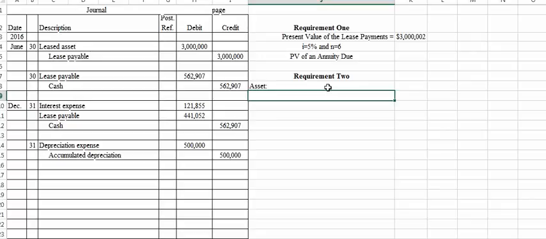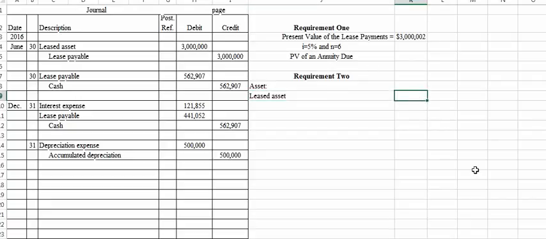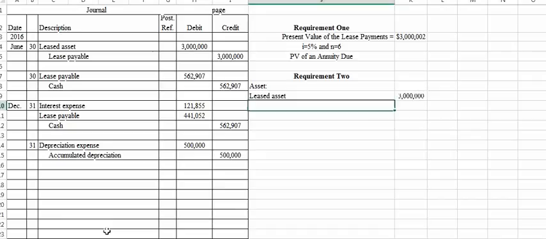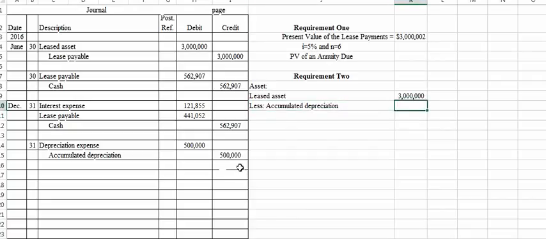For the asset, they'd have leased asset. Its balance would be $3 million to begin with. Okay, and then we would want to deduct the accumulated depreciation. So that's a negative $500,000.